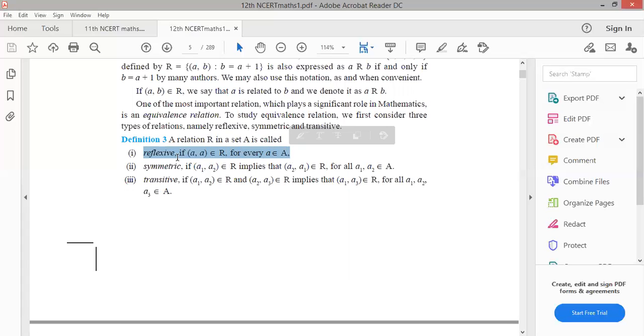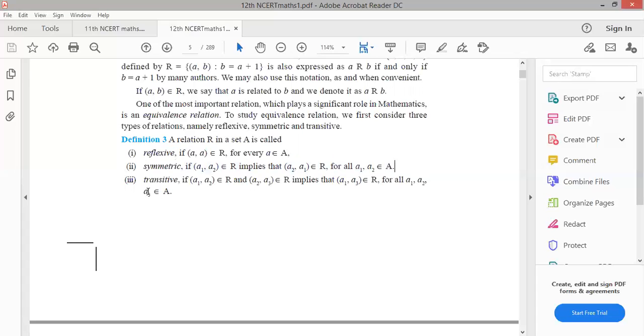Such a type of relation is called reflexive, meaning it gets reflected. Symmetric relation: a relation is said to be symmetric if a1 is related to a2 in R, this implies that a2 is related to a1, for all a1, a2 belongs to A.